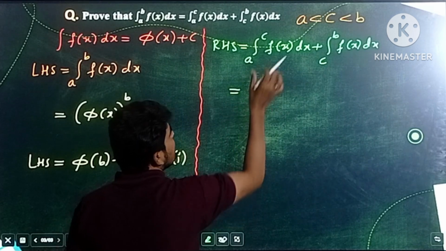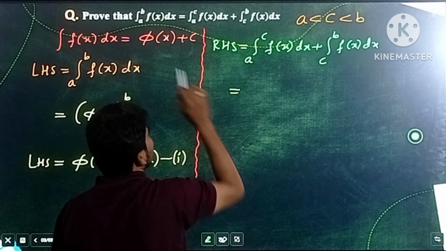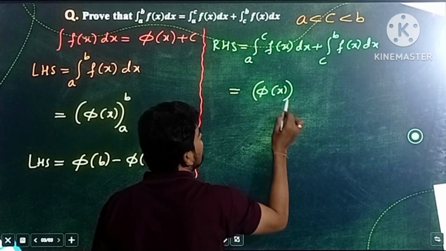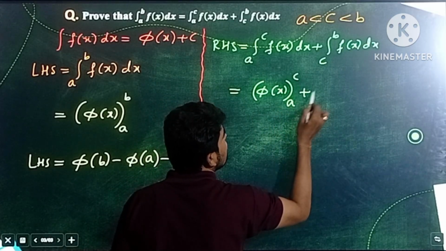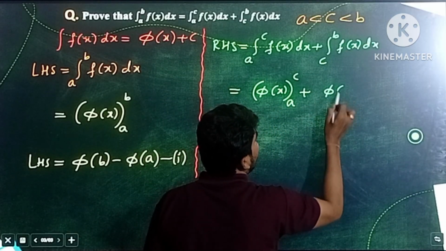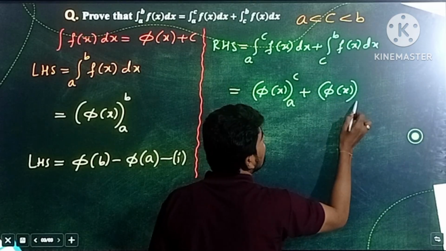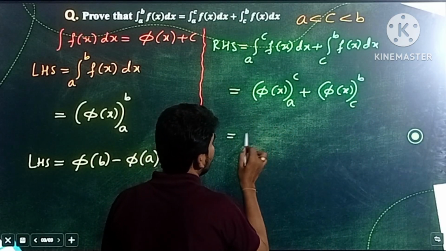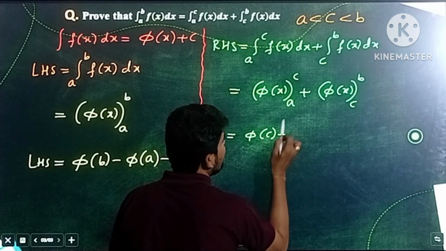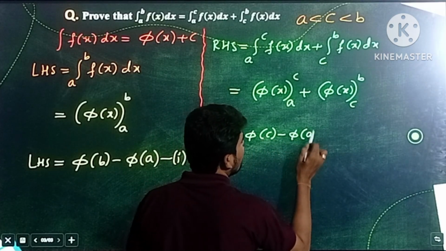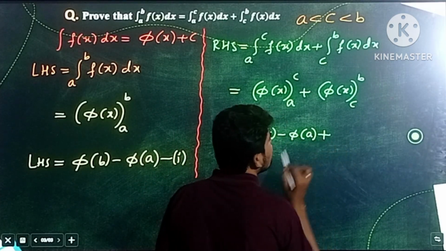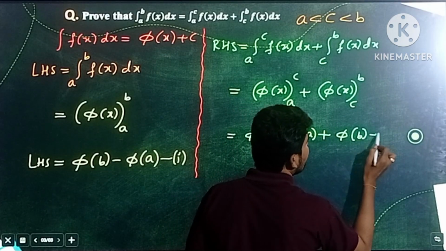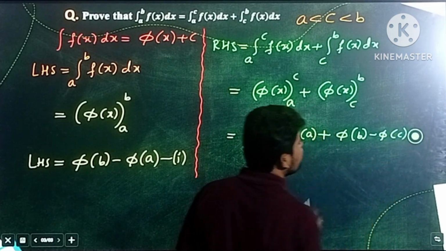Same thing: first integrate f(x). The integration of f(x) is phi of x over the limits a to c, plus phi of x over the limits c to b. Next, use the limits. Upper limit phi of c minus lower limit phi of a, plus in the second one also upper limit minus lower limit, phi of b minus phi of c.